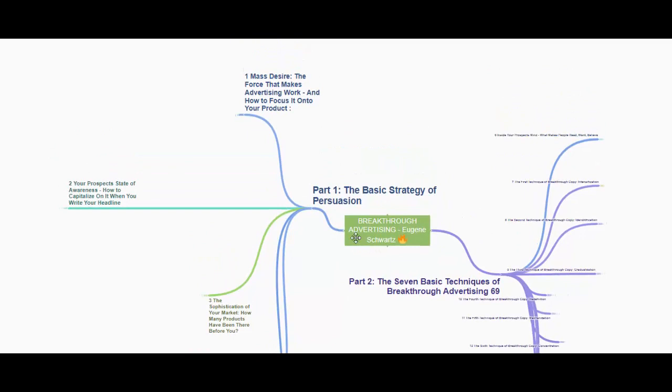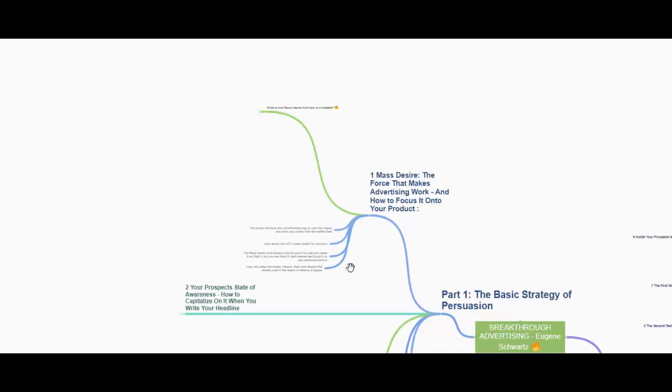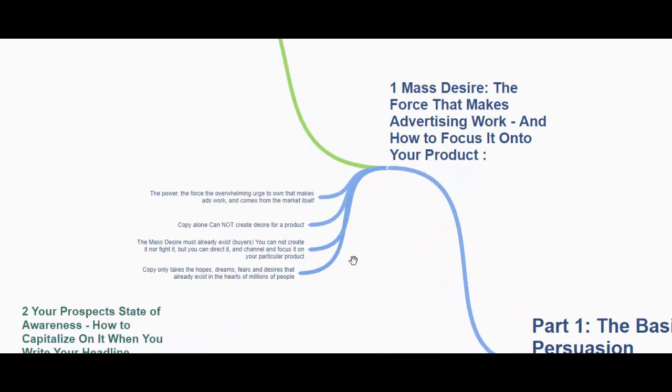So first, let's go back to what is mass desire. It's the force that makes advertising work. And how do you focus on that for your product? Mass desire is the overwhelming urge to own that makes ads work, and it comes from the market itself.